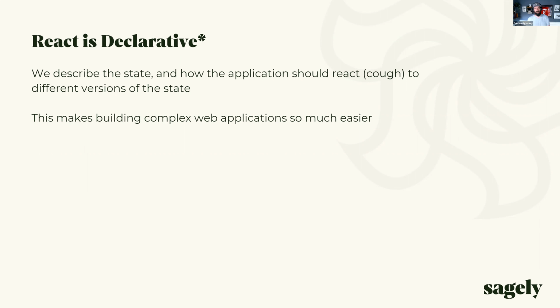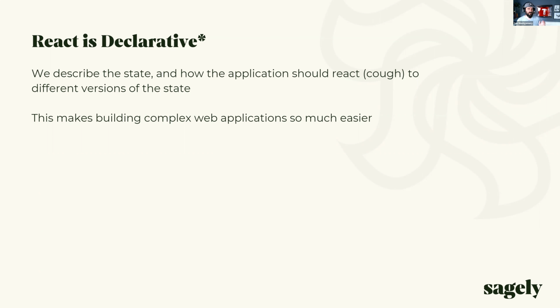So React is similar, right? We describe two things. We have a state, and then we have views that react to different versions of that state. That's where the name React came from, for what it's worth, as opposed to telling the application specifically which steps to take when something changes or when the user interacts in a specific way.